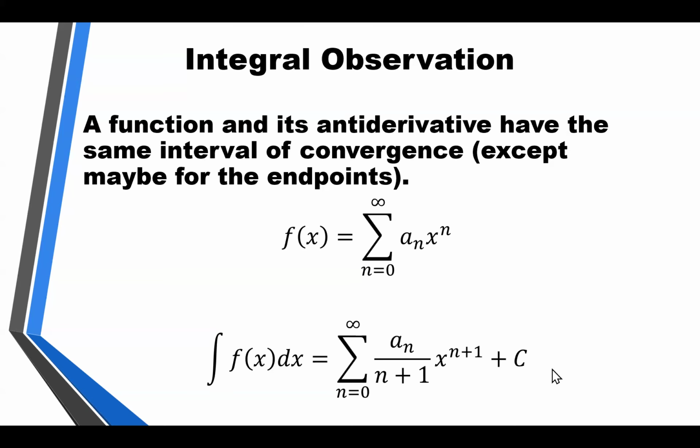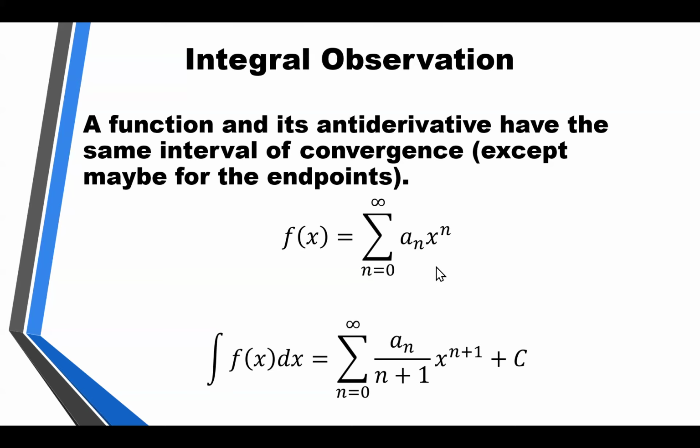We raise the exponent by 1 and then divide by that new exponent. And then we tack on a plus constant as well when we integrate. Again, n plus 1, that's an n to the p type growth. x to the n versus x to the n plus 1 are both exponential type growth.